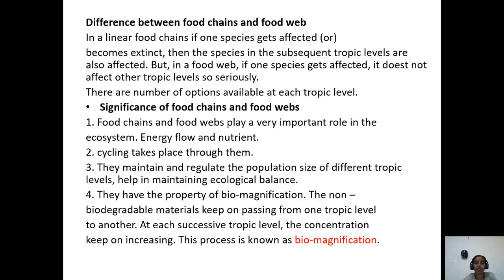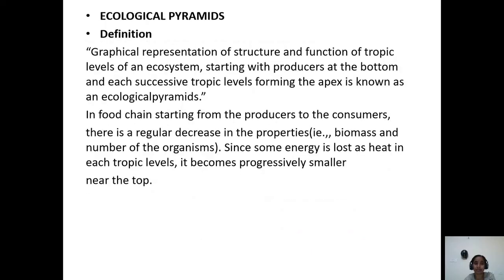They have the property of biomagnification. Non-biodegradable materials keep passing from one trophic level to another. At each successive trophic level, the concentration keeps increasing. This process is known as biomagnification.